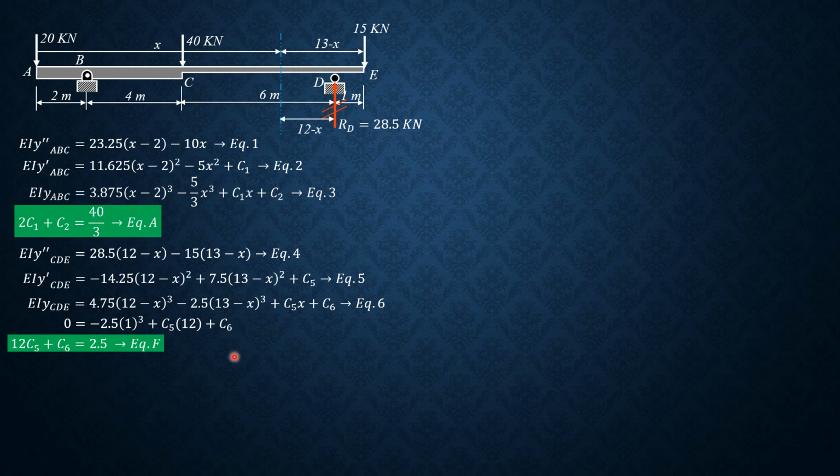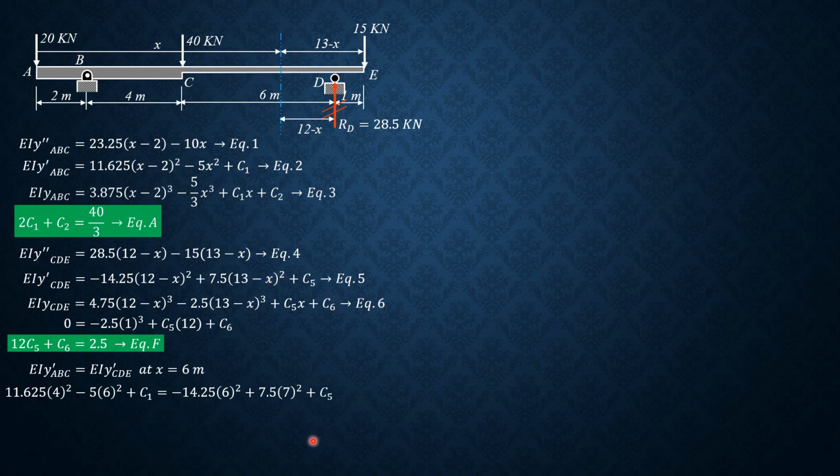Call that equation F. Then EI y prime ABC equals EI y prime CDE at x is 6. So the slope at C considering ABC is equal to the slope at C considering CDE because that is continuous. So substitute 11.625 times 4 squared minus 5 times 6 squared plus c sub 1 equals negative 14.25 times (12 minus 6) squared plus 7.5 times 7 squared plus c sub 5.